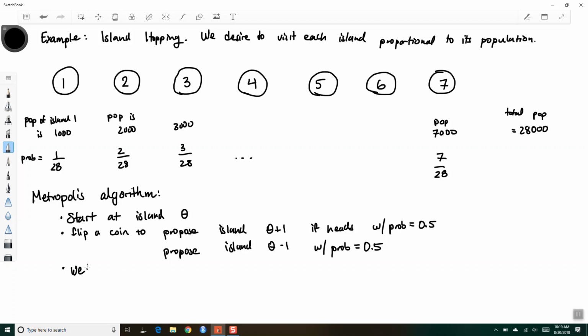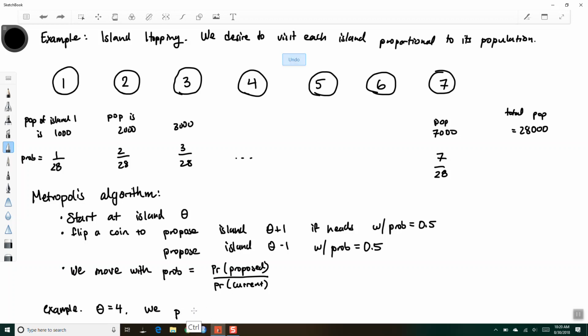And then what we do is we move with probability equal to the probability of the proposed island in our target PDF, which is this, right? Divided by the probability of the current island. So if we are currently at island 4, and we get tails, so we propose island 3, right?